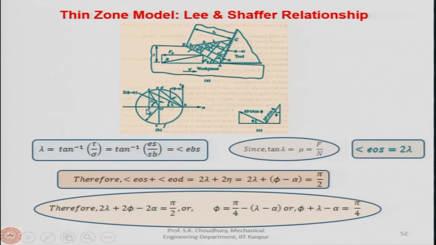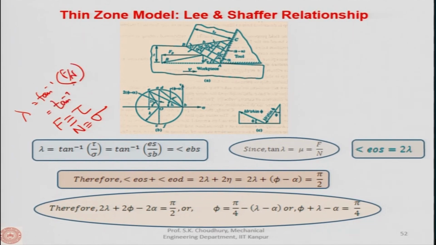Now, you understand that lambda, which is the friction angle, is the tan inverse of F by N, where F is the friction force. This is equivalent to tau, and N, the normal force, is equivalent to normal stress. So, lambda, the tan inverse of F by N, is equal to tan inverse of tau divided by sigma.